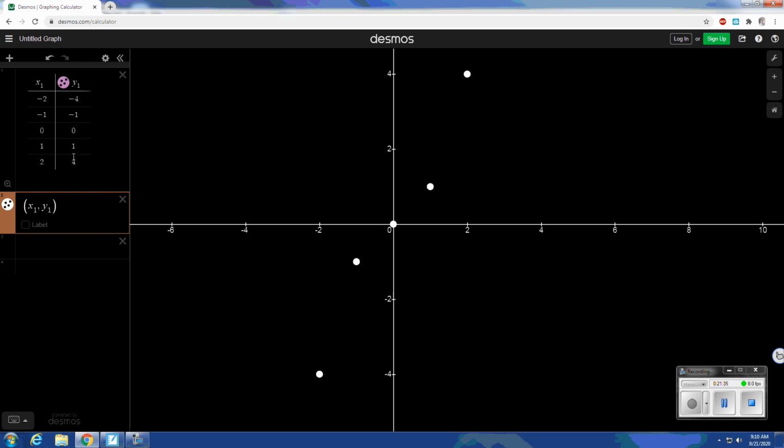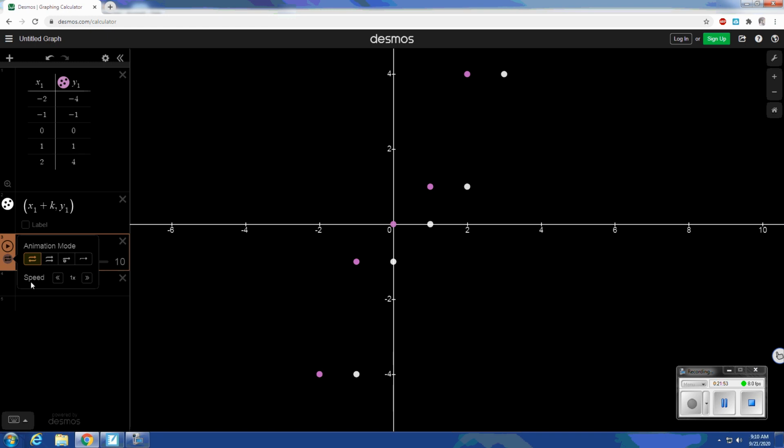We established that to move something to the right, we have to add some number, we'll do k, to our x-coordinate, where we want k to be positive, so it's got to be greater than 0. So I'm going to make this slide. I'll slow the speed down and have it go in one direction.